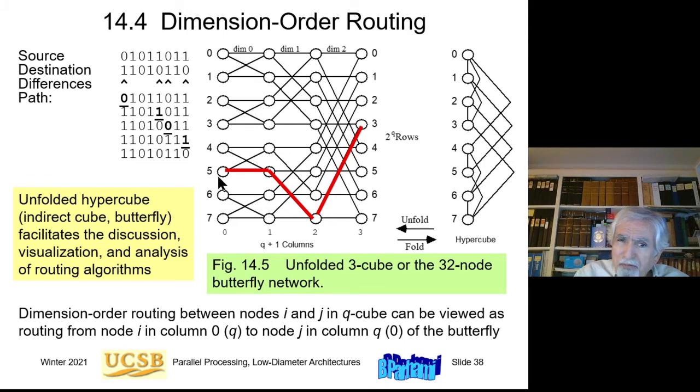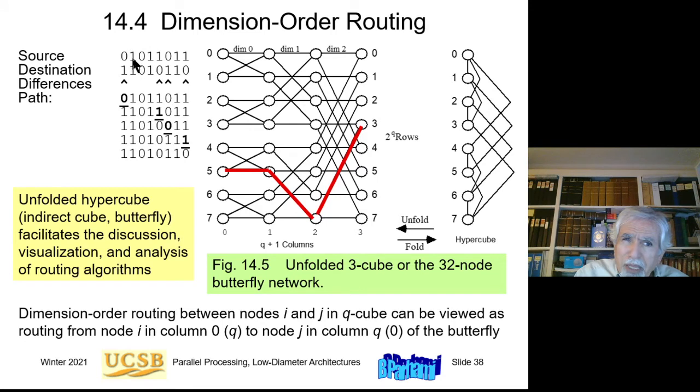This is because 5, which is 101, differs from 3, which is 011, in bits 2 and 1, and they're the same in bit 0. So because they're the same in bit 0, I don't need to move along dimension 0, but I do move along dimension 1 and dimension 2. So this red path here in the butterfly is a visualization of this path in the original hypercube. From 5, stay in 5. Well, stay in 5 basically means do nothing. Then send to 7. Then from 7 to 3.